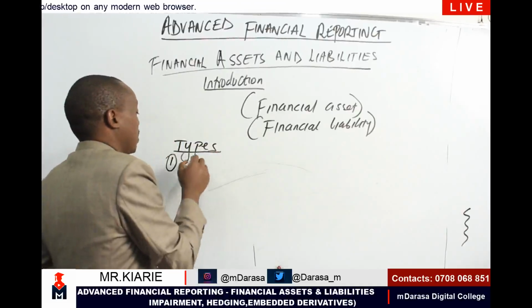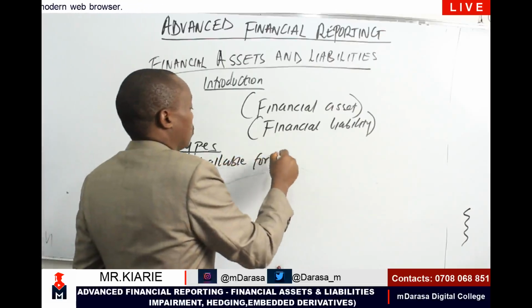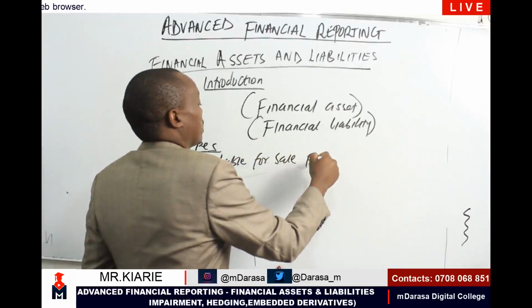Then below that you write types of financial assets and liabilities. Number one, we have available for sale financial assets.